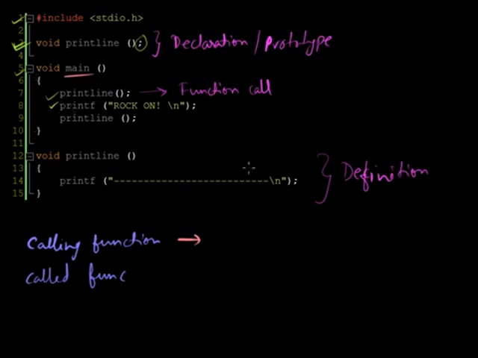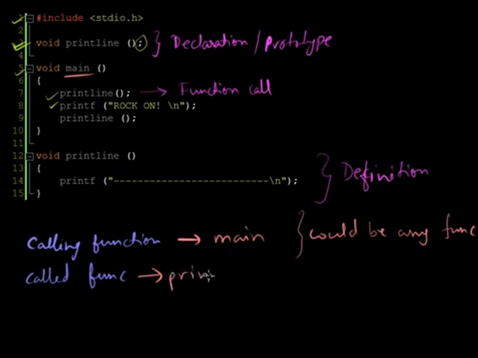So calling function is the main function. You can call any function from any function. So in this case the calling function is main and the called function is print line. You see, printf is also a called function here. So calling function and called function you need to remember.